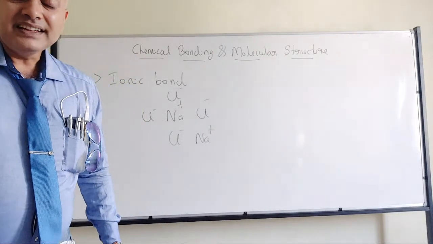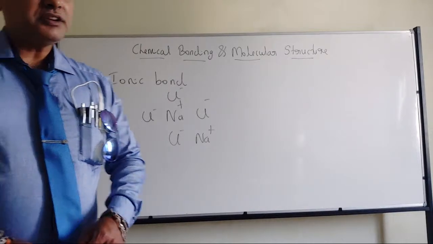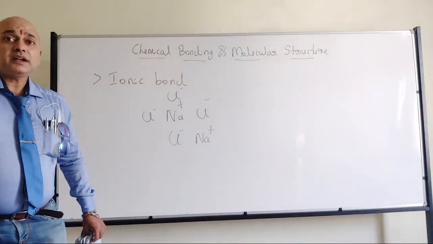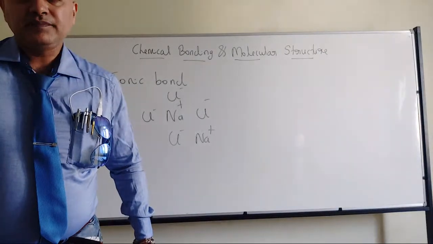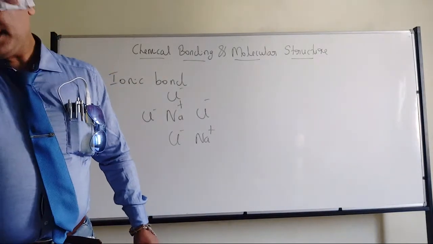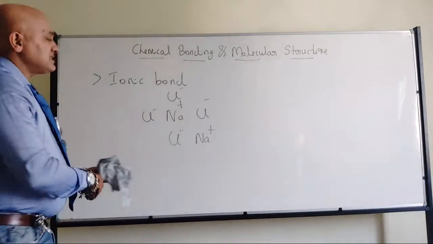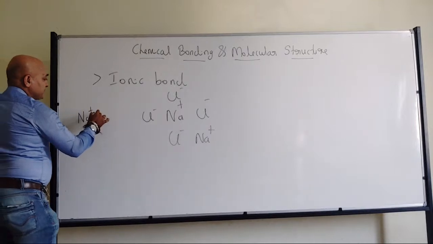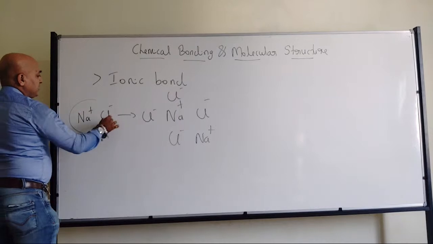That's where it is ionic bond. All of you have understood? They become a bit stronger bond when they are all together. But if I take one Na plus and one Cl minus, then it will be a weak interaction.